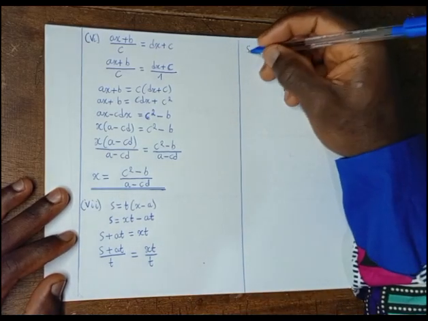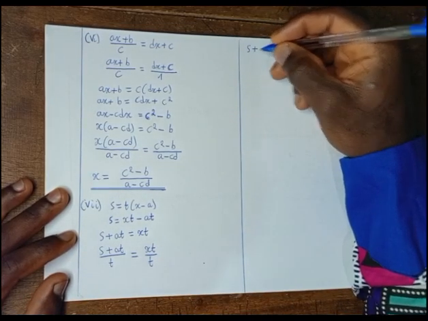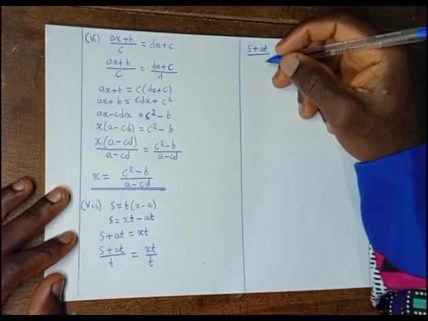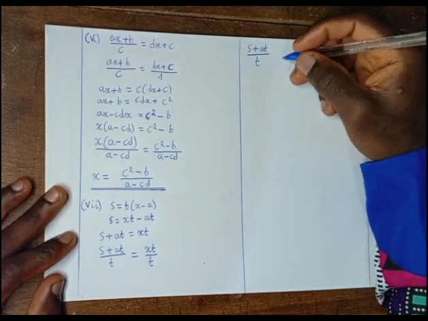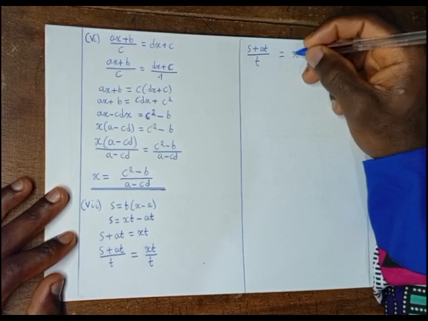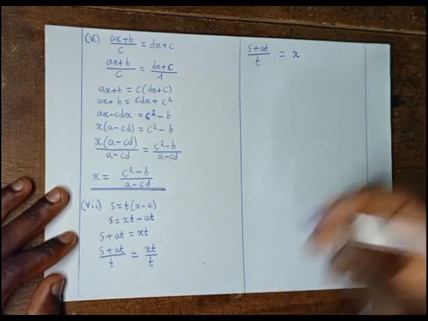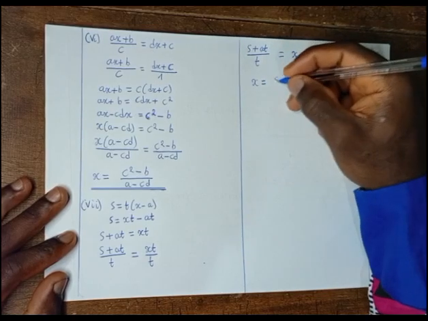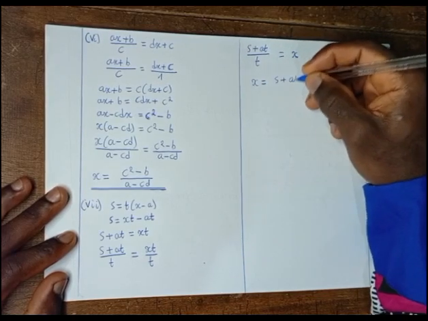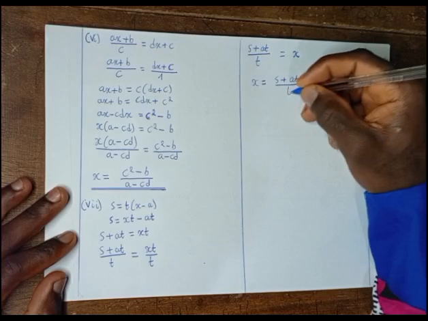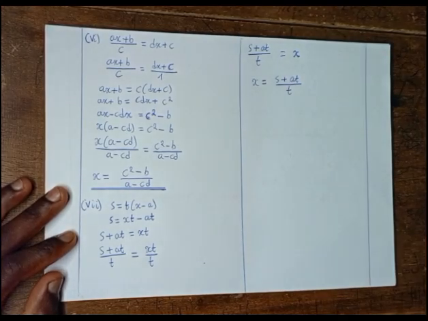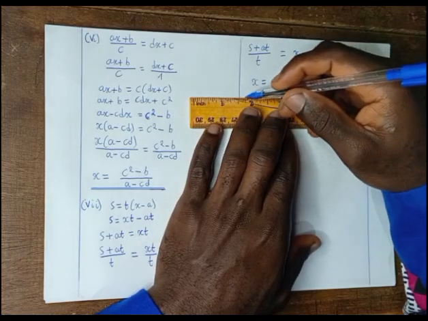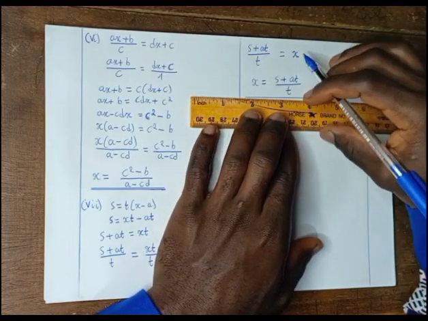We'll be left with s plus at all over t is equal to x, which is the same as x is equal to s plus at all over t. Finally, we have made x the subject of formula. We'll underline the result.